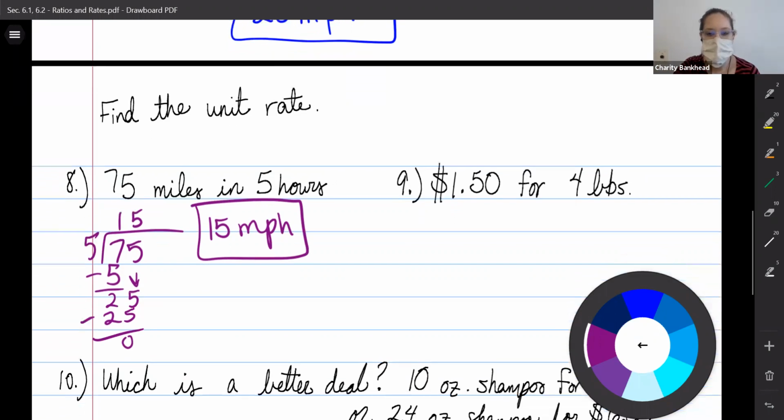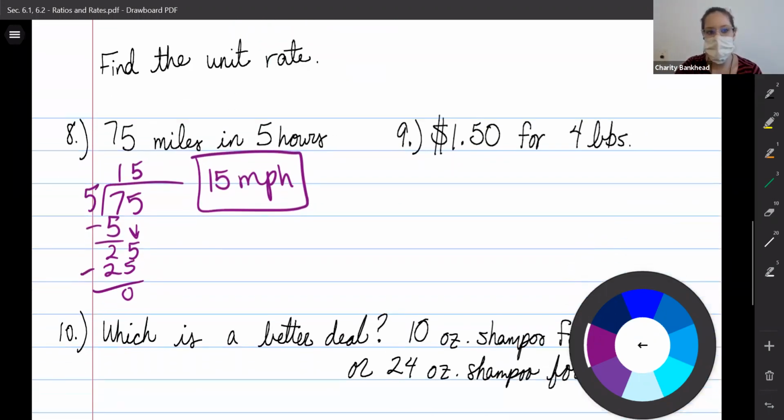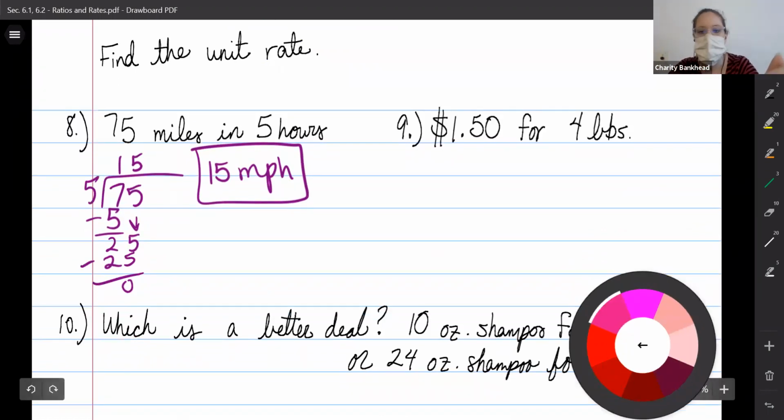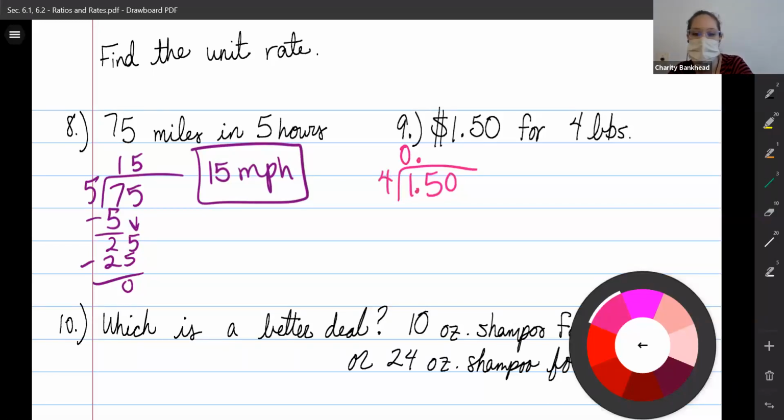And then $1.50 for 4 pounds. So we want to find the unit rate, which is, in other words, the price per pound. So 4 into $1.50. 4 can't go into 1, so I'll put a 0 there. 4 goes into 15 3 times. 3 times 4 is 12. 15 minus 12 is 3.